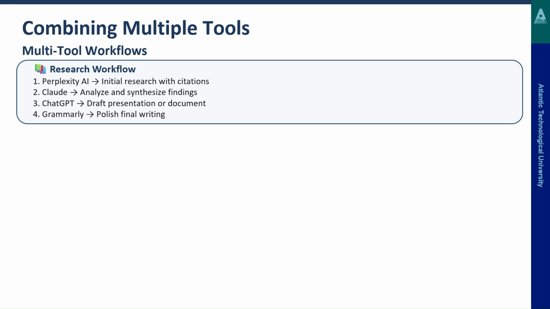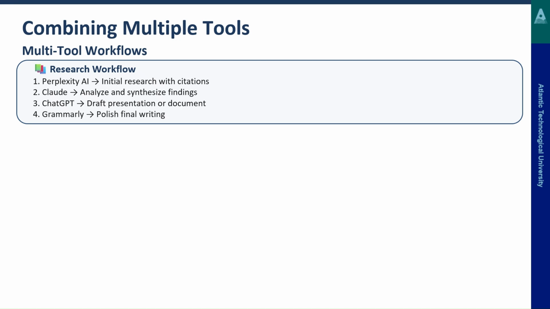So what you can also do is combine a lot of these tools. We'll look at a couple of examples here. Let's say I wanted to do some research. I might go to Perplexity for my initial citations, the initial list of research papers that I want to look at. Then I might go to Claude and get it to analyze the papers.